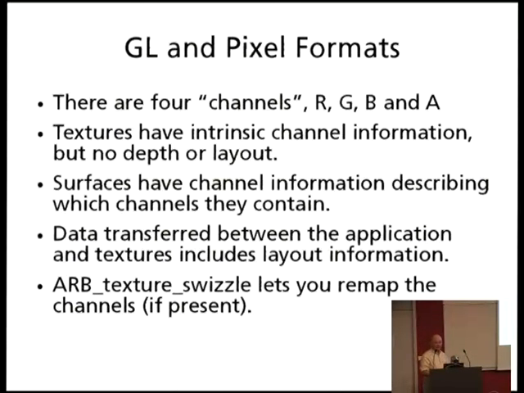Textures have intrinsic channel information, which is to say a texture knows which of these channels it has. And you could have A textures or RG textures or RGB textures or RGBA. You can't have any combination, but you can have lots of random combinations. Textures tell you which channels they contain.